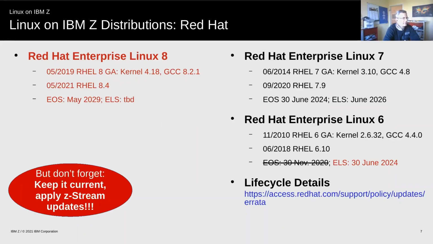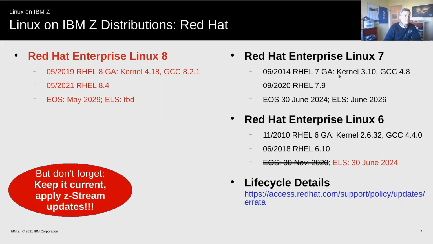Red Hat did not yet give a deadline or a time frame for the extended service, which you can purchase for them. So far, all we know is in 2029, the regular service time frame ends. And how long after that, we don't know how long you can prolong that with a service contract.